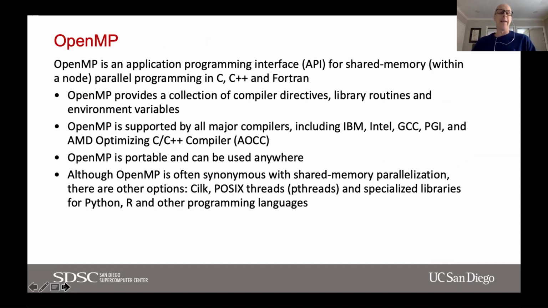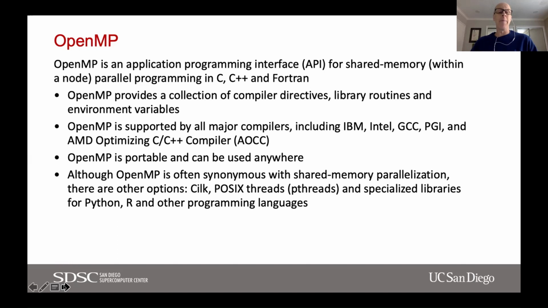Now, OpenMP is an application programming interface, or API, for shared memory programming. It's also available for C, C++, and Fortran. OpenMP gives you a collection of compiler directives, library routines, and environment variables. It is supported by all of the major compilers, including IBM, Intel, GCC, PGI, and the AMD Optimizing Compiler Collection, or AOCC.